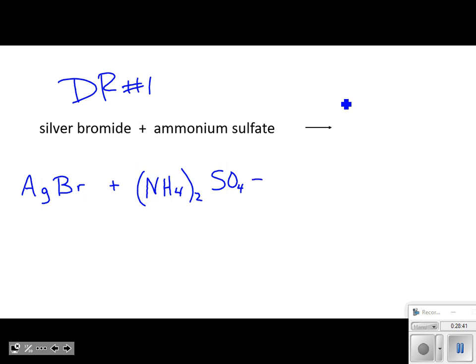What I'm going to do then, once again, is swap my cations. So I'm going to get NH4Br, a +1 and a -1. And I'm going to get Ag2SO4.